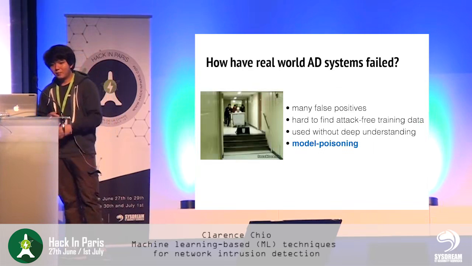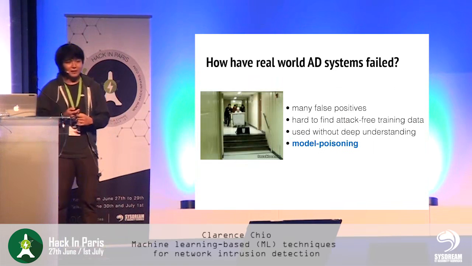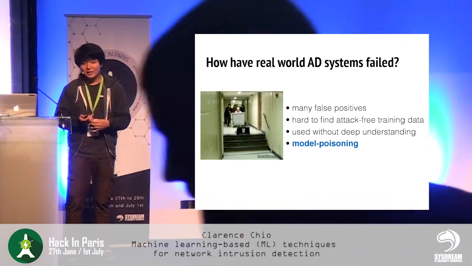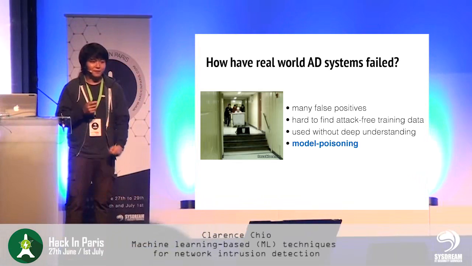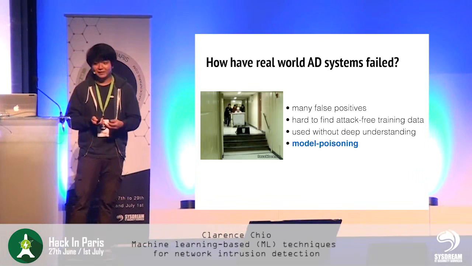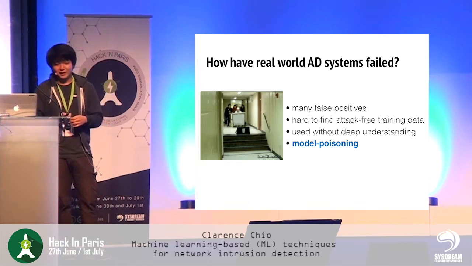So how have real-world anomaly detection systems failed? There are just too many false positives. There are case studies of people using machine learning in anomaly detection, and the problem of sysadmins or security ops personnel receiving too many alerts is very real. It's very hard to find attack-free training data, as I mentioned earlier, and it's often used without deep understanding.